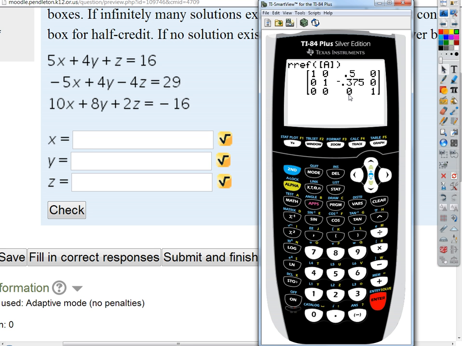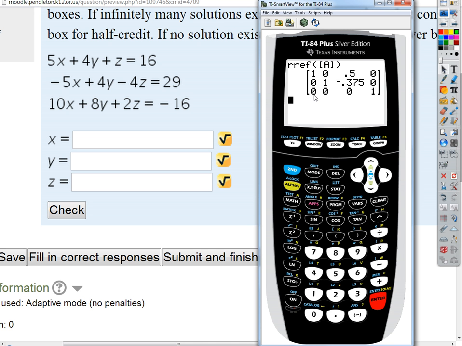This doesn't look like that. So what that tells us right away is this is not a single solution. If it's a single solution, it always looks like 1, 1, 1, zeros everywhere else, and then numbers in the last column. All you have to do, if it looks weird, is look at the bottom row. If the bottom row gives you a true statement, it means infinitely many solutions. If it gives you a false statement, it means no solutions.